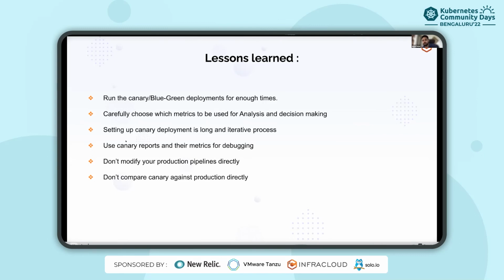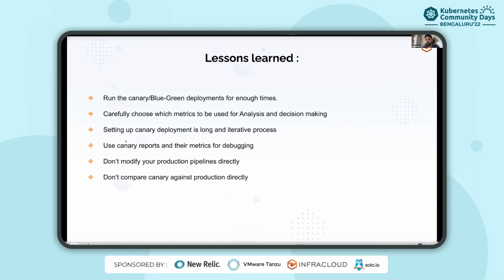Consider whatever manual checks you are doing right now and are confident about; add those as part of your analysis so that the automated process does it. Third, in one go you would never get it correct.